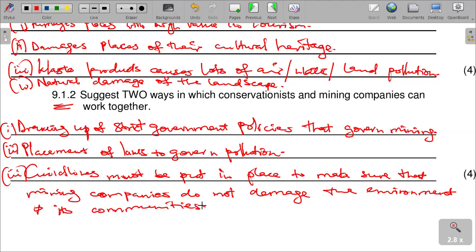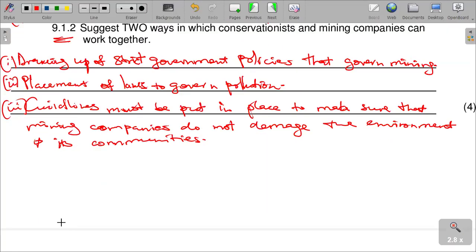Those are some of the plans that must be put in place to ensure that they are taken care of. As well, old unused mines should be restored to their original condition. I think it's quite another point that we need to talk about.